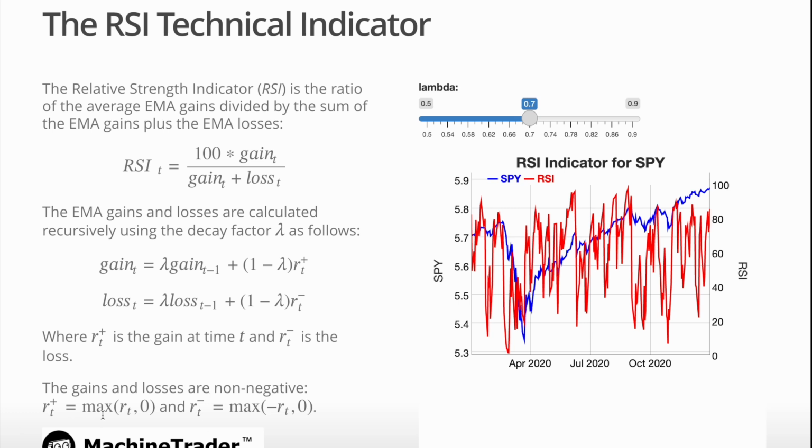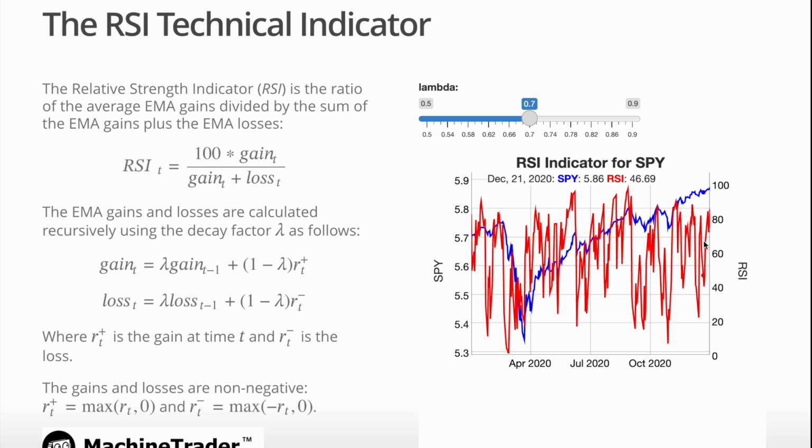So R plus is the max of the return and 0. If the return is 0, R plus is also 0. And R minus is the max of minus R, minus the return R, and 0. So when the return is negative, R minus just becomes minus R. So R minus is never negative.